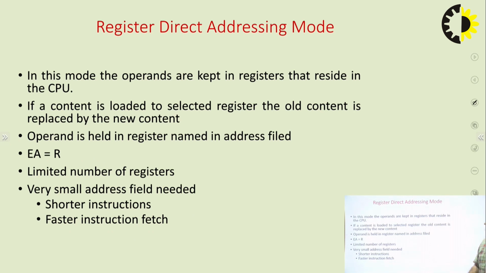Next, register direct addressing mode. In this addressing mode, we introduce registers that reside in the CPU. In this mode, the operands are kept in the registers that reside in the CPU, and if new content is loaded to the selected register, the old content is replaced by the new content. In this type of addressing mode, effective address is equal to register.